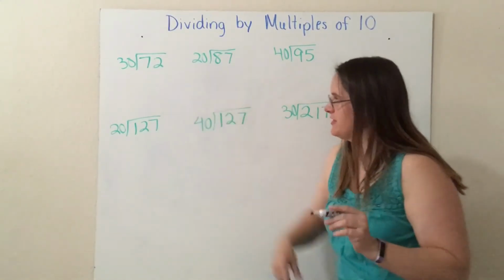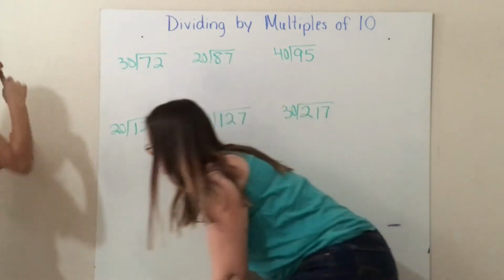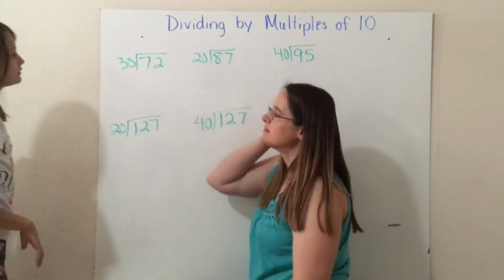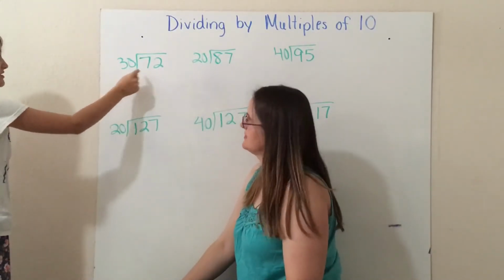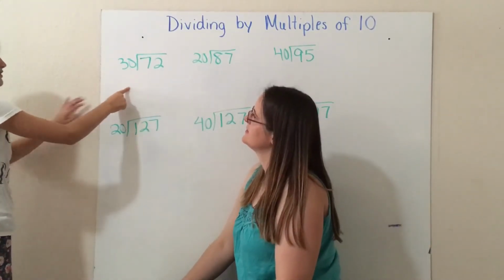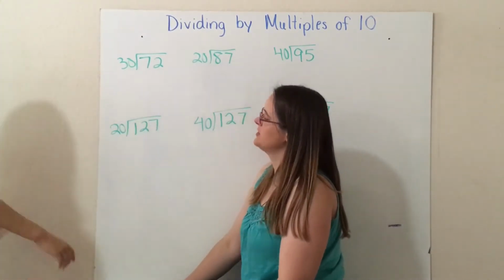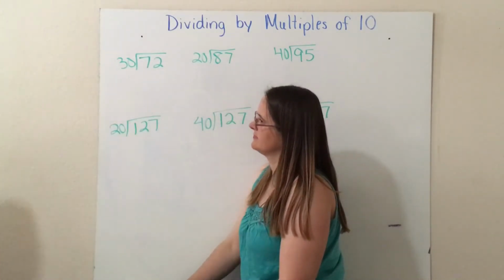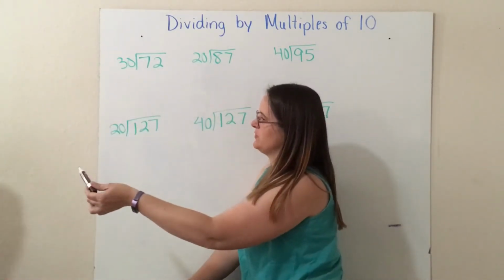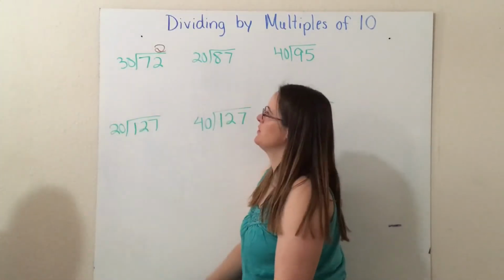Nyla, what are we going to do for number 1 here? So, we know that we don't want to count by 30s to get into 72, so instead we should count by 3s to get into 7. Okay, so how many times does 3 go into 7? 3 goes into 7 2 times. And where are you going to write the 2? Right. Yes, here. You remembered to put it in the ones place.